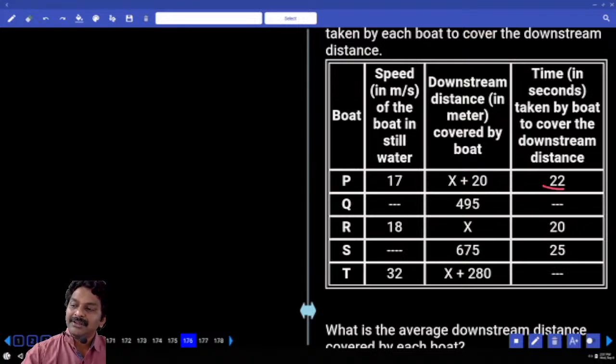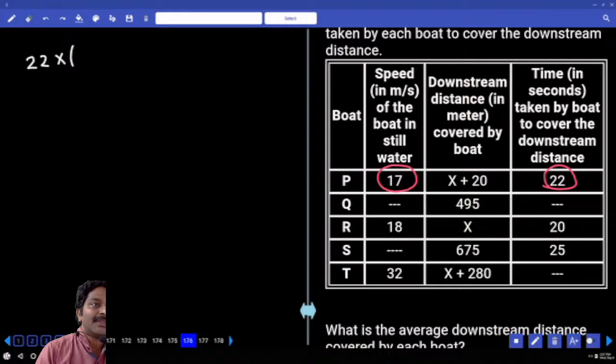Now this is the time taken in which stream? Then distance covered is equal to time taken into downstream speed. In that, what is the speed of the man? And do you know the stream speed? So let it be S. Downstream speed is equal to M plus S. This is distance covered, and they mentioned it as X plus 20.